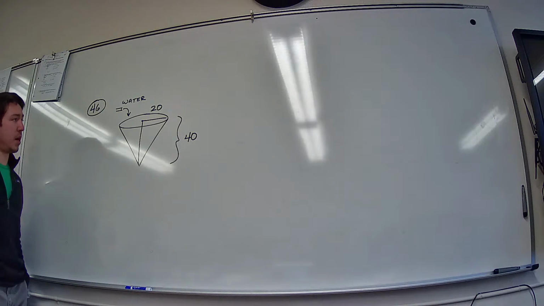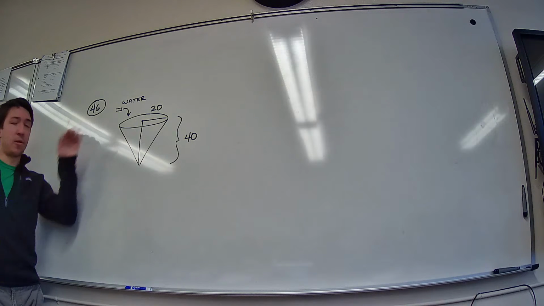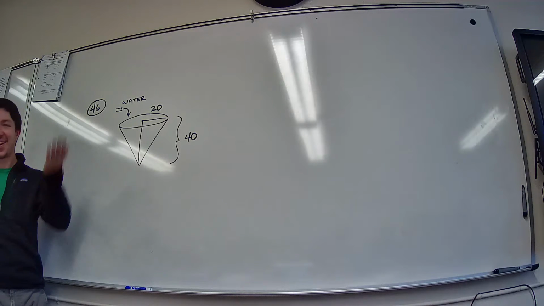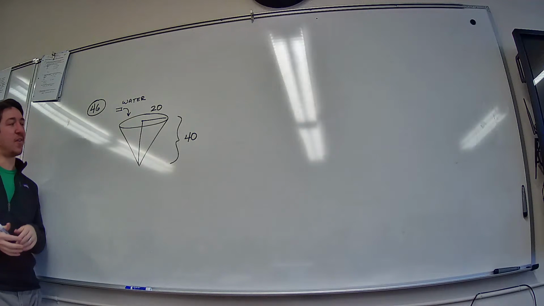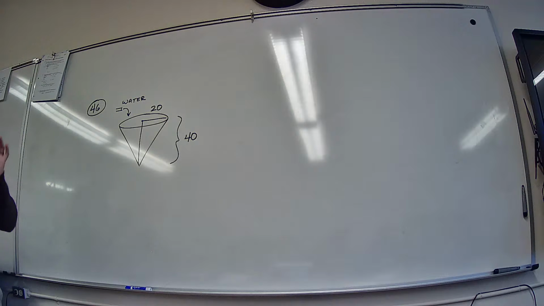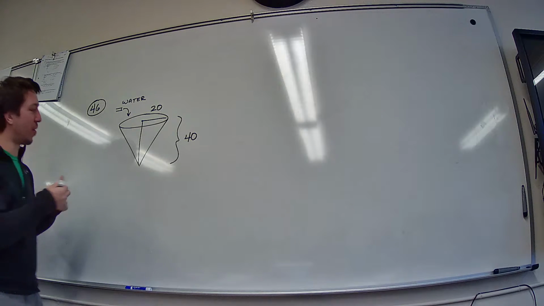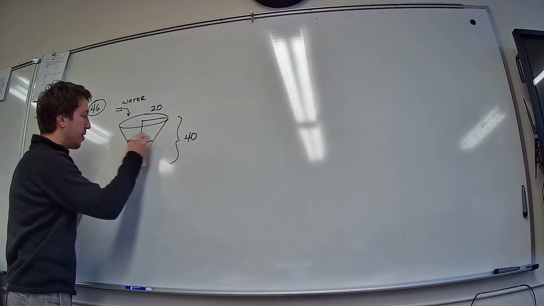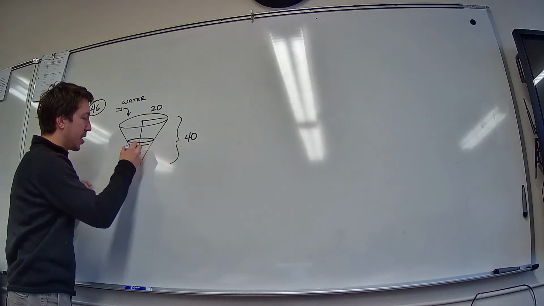So here's the question. Let me ask this simple question. When the water pours in, what shape does the water form? A cone, right? Now, here's the trick. Here's the cone formed of water, so I'll shade it.